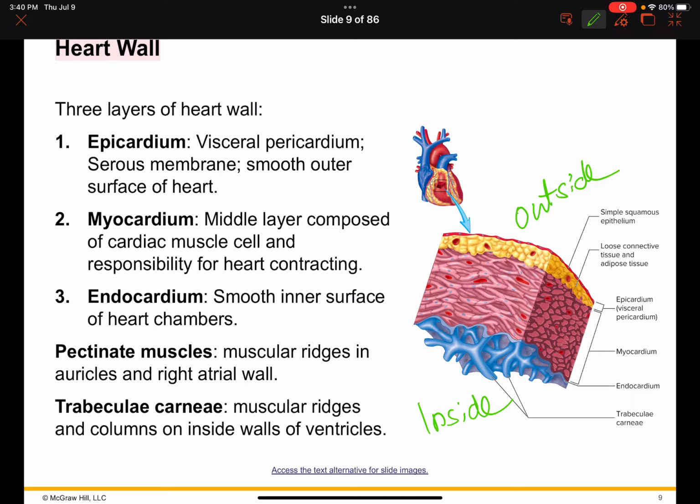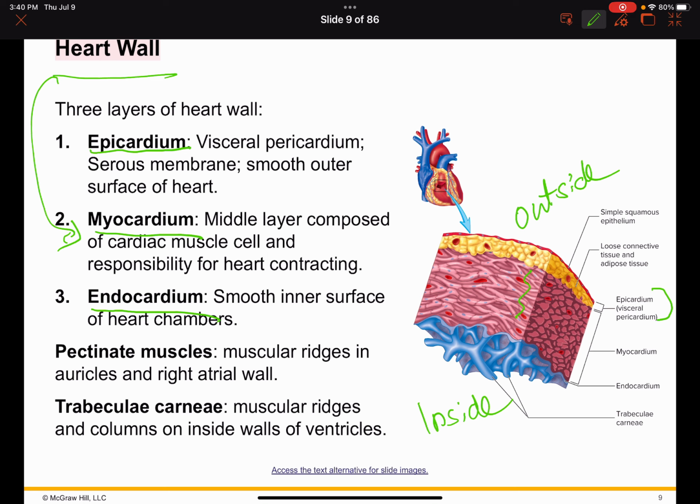So we see the first layer is the epicardium, second is the myocardium, then the endocardium. This is part of the heart wall, not the membrane around it. So this first one is what? The epicardium, that is the visceral pericardium. Remember, epicardium is the visceral pericardium, part of the serous membrane.